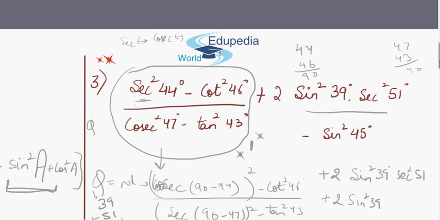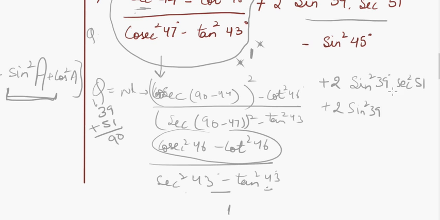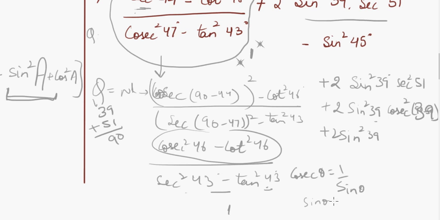We have seen that secant is the complementary pair of cosecant, so it will become cosecant of 90 minus 51, which obviously will be 39. So cosecant square 39. So the second part has become 2 sine square 39 into cosecant square 39. Now friends, cosecant theta is 1 over sine theta, because cosecant theta is reciprocal of sine theta.